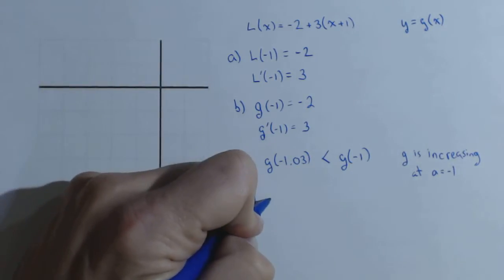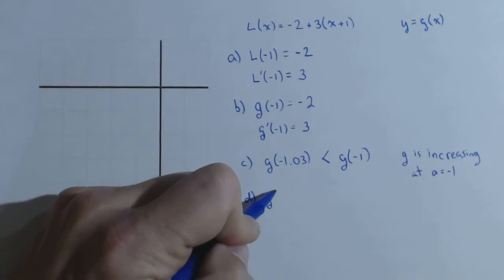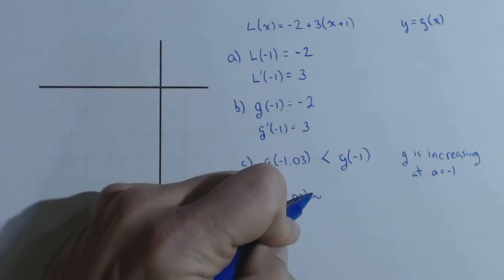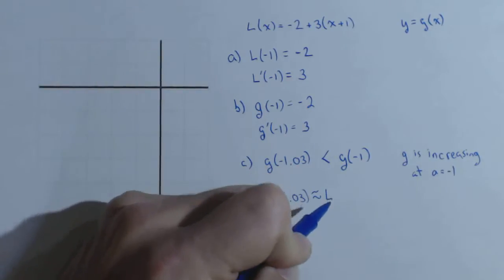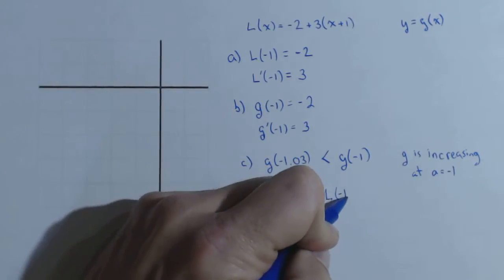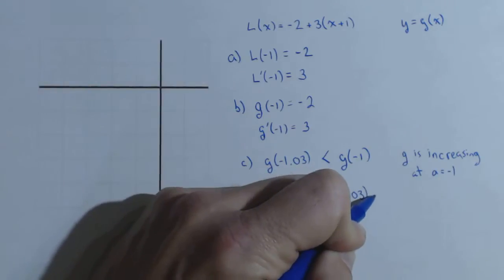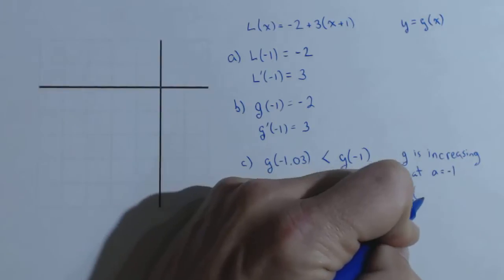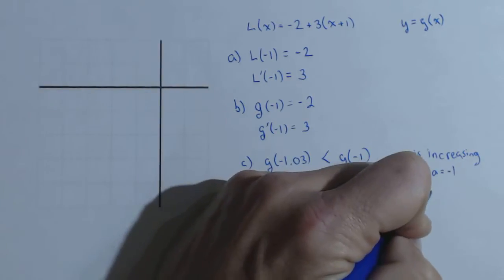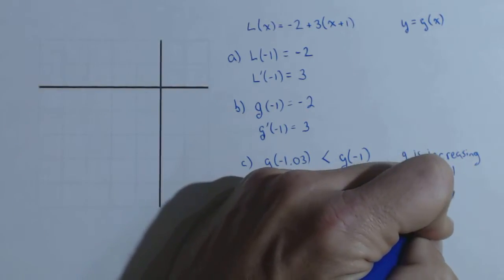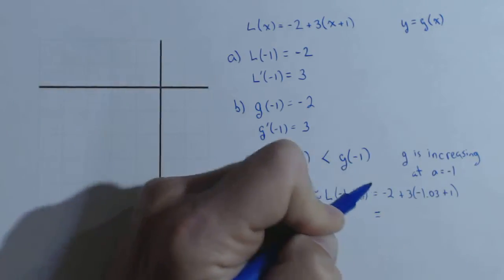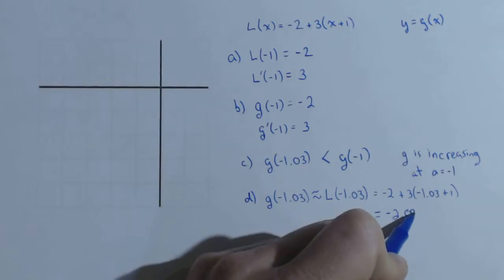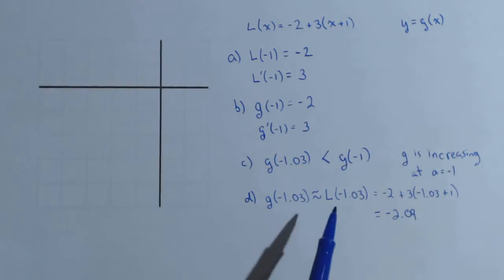D, we could use our local linearization to calculate g of -1.03. It's going to be approximately our tangent line evaluated at -1.03. So plugging that into our tangent line, -2 plus 3 times (-1.03 plus 1), we get -2.09 if you calculate that out. Now just one thing I want to point out.